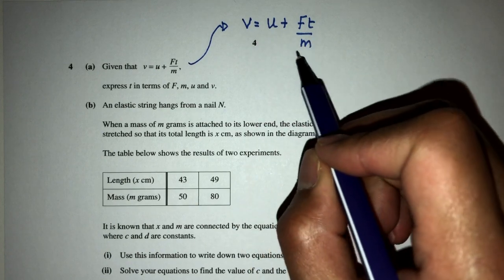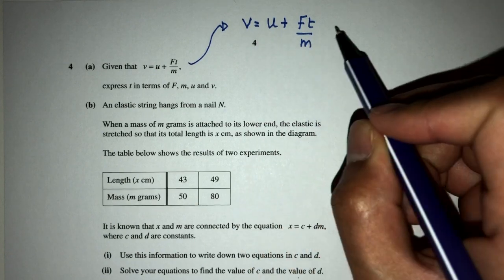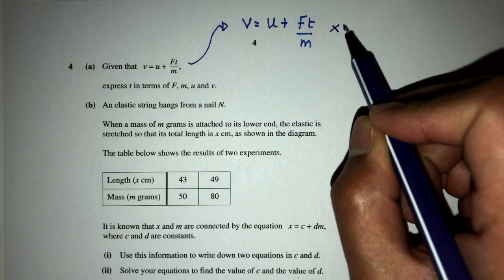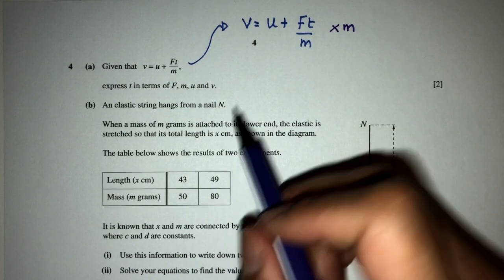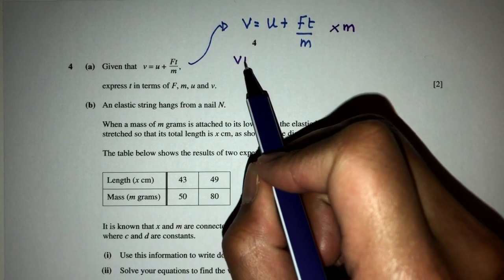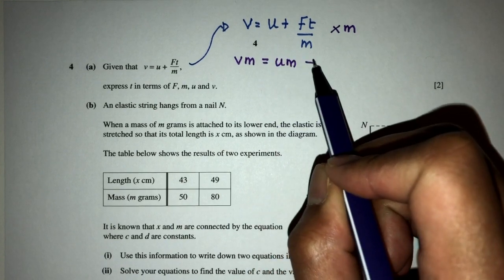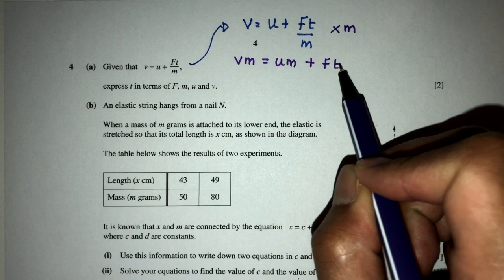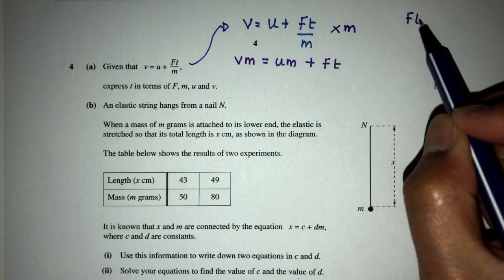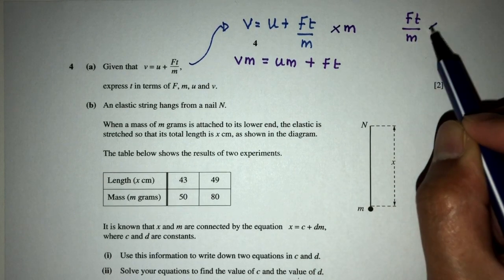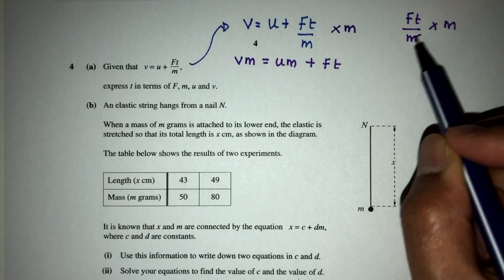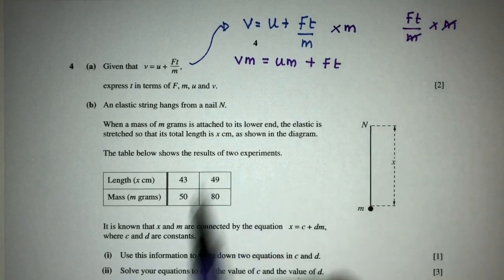Now, as you can see, we have M as the base here, and here we have integers. So we want to first try to eliminate this M, so we can first multiply by M everywhere. You will have Vm equal to Um plus Ft. Why? If you think Ft over M times M, what happens? They will cancel out. You will only have this remaining.